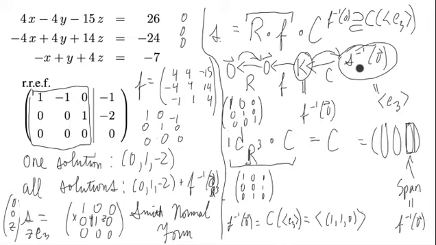Since it came from something over here and we run it back through and it gets to 0 eventually, it must have been in here to begin with. So what that means is everything in the fiber over 0 actually came from somewhere over here. So we have inclusion going this way. So these two guys are actually equal.